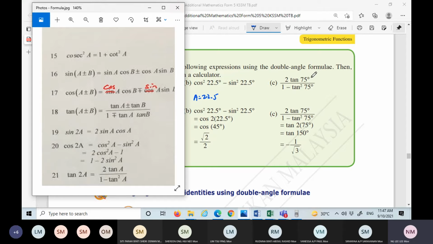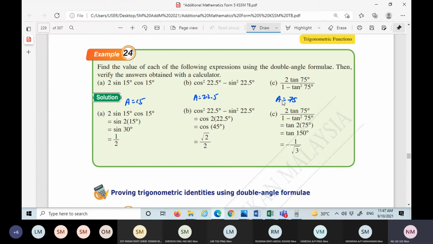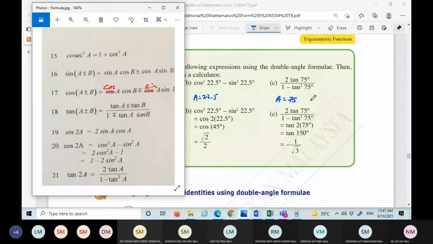Look at C. This one you can make the 75 be the A. Let us see the formula: 2 tangent A over 1 minus tangent square A, so it's equal to tangent 2A.